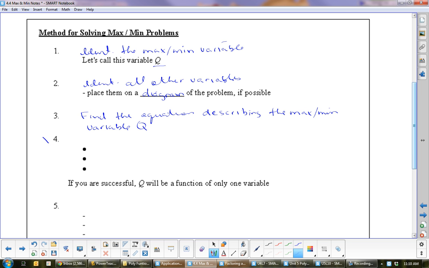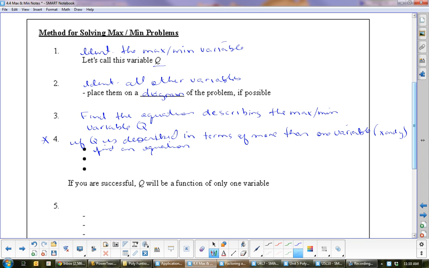Okay, now number 4 is kind of an important one. If Q is described in terms of more than one variable, okay, so let's say X and Y, then we need to find an equation between the variables X and Y. Similar to when we were using the similar triangles for the quiz today.